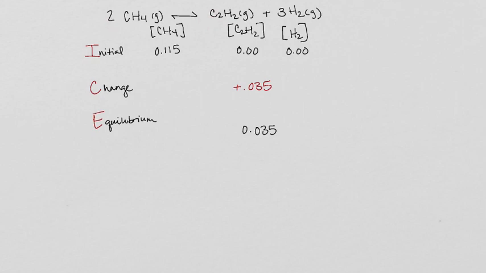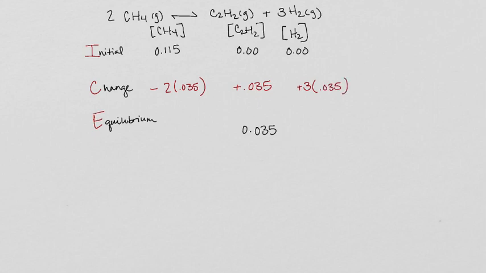So we must do 2 times 0.035 is our change, and we are losing reactant to make product, so it's a negative. And then we check our equation again, and we see that for every 1 mole of ethyne, we get 3 moles of hydrogen gas. So plus 3 times 0.035.